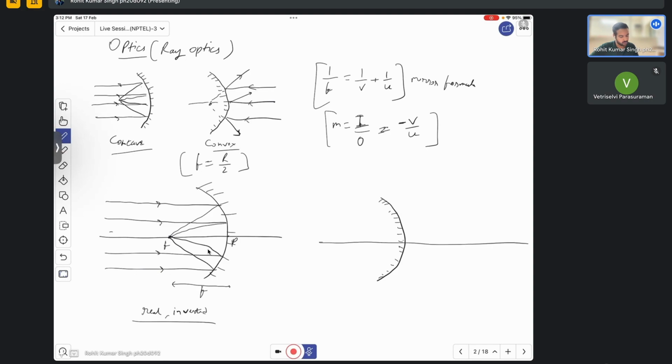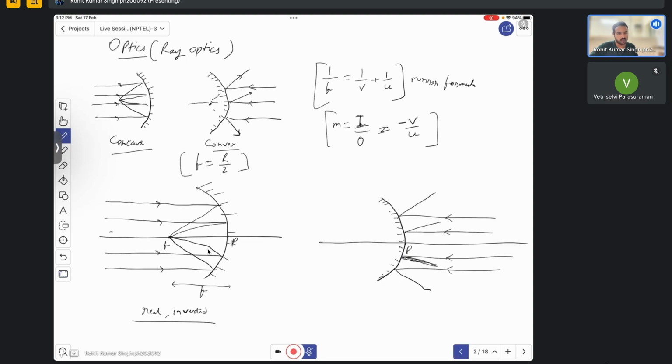This is the principal axis, the pole, and light rays coming from infinity like this diverge.